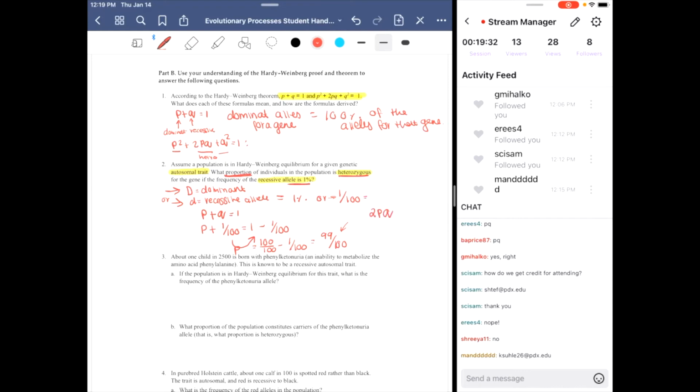So our q is here, our p is here, so we can do 2 times 1/100 times 99/100. And that should give us 198/10,000.